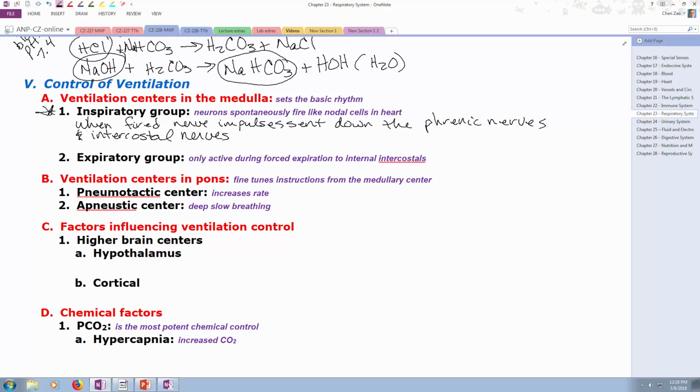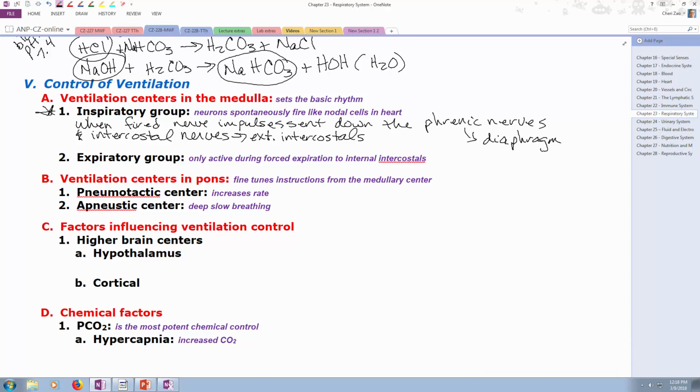The phrenic nerve is going to stimulate the diaphragm. And what other muscles that are the intercostals going to stimulate that also helps us to expand our chest dimension? The external intercostals. So that's the inspiratory group.